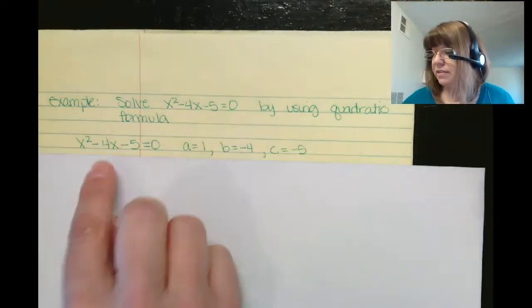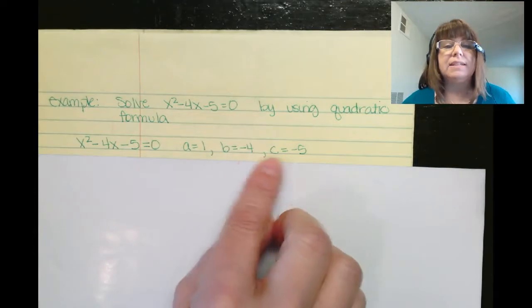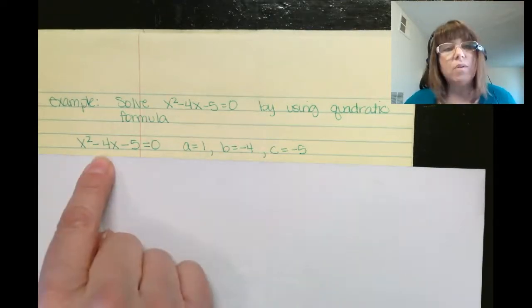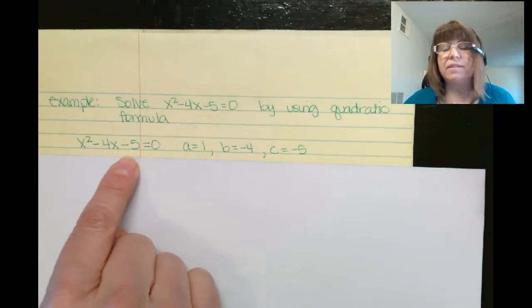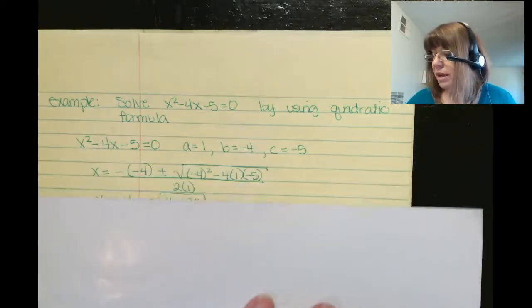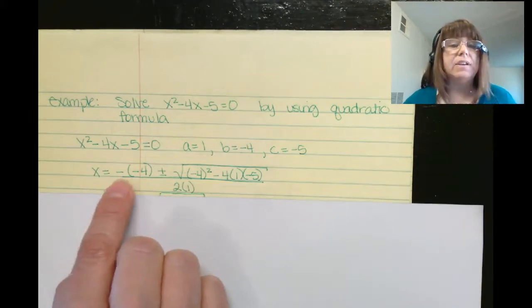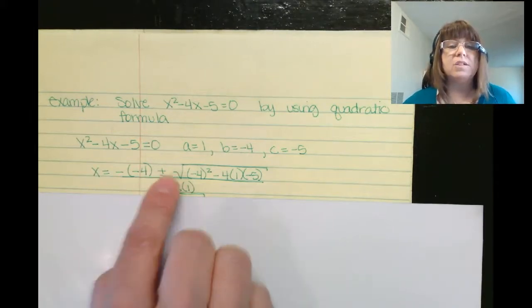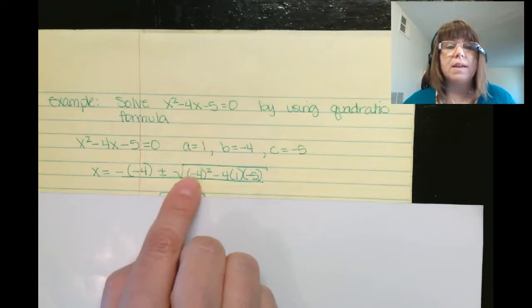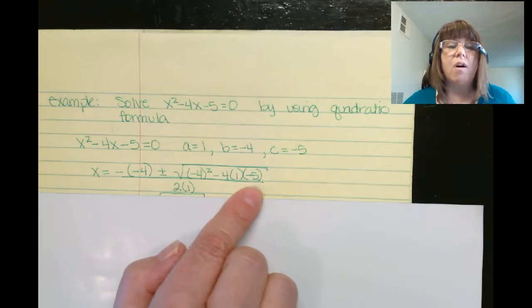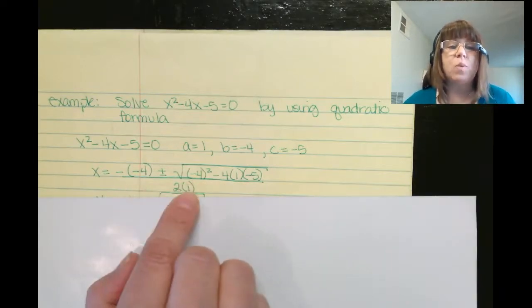So the first thing I need to figure out is what the a, b, and c values are. a is 1, b is negative 4, c is negative 5. Plugging that into my formula, I get x equals negative negative 4 plus or minus the square root of negative 4 squared minus 4 times 1 times negative 5, all over 2 times 1.